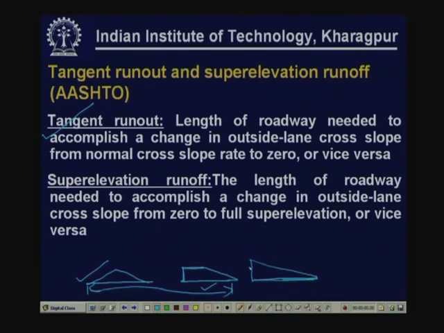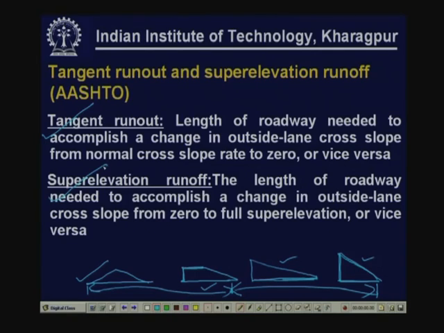slope equal to the cross slope of the camber, and then it is further rotated to have the required superelevation. So, this is stage 3 and this is stage 4. Now, this change is again done over a length. This length, where the outer edge from 0 is rotated to attain the full superelevation as shown here, is known as superelevation runoff.